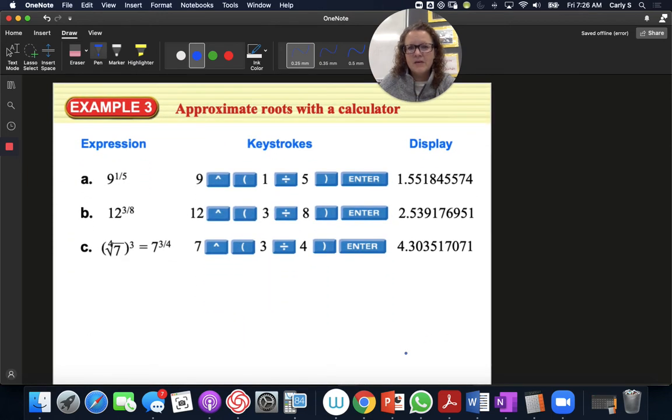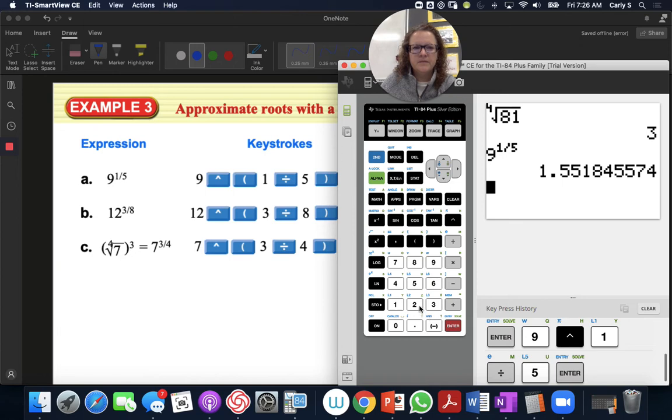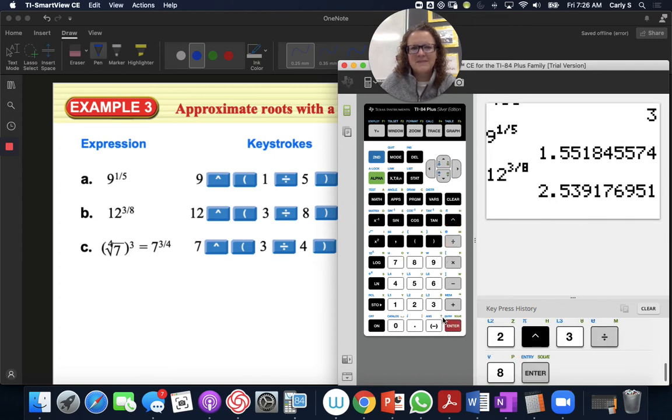Okay, approximate roots with a calculator. All right, I'm going to show you, not use those keystrokes. 9 to the 1/5, we really are doing 9 raised to the 1 divided by 5. Got it? Okay, 12 to the 3/8, 12 raised to the 3 divided by 8. Rocket science, I know.